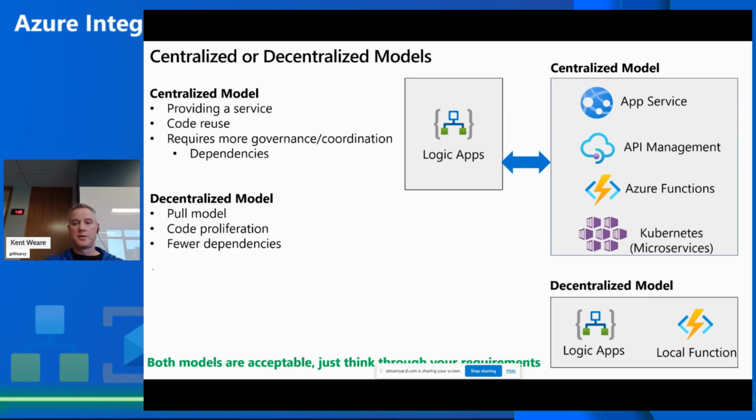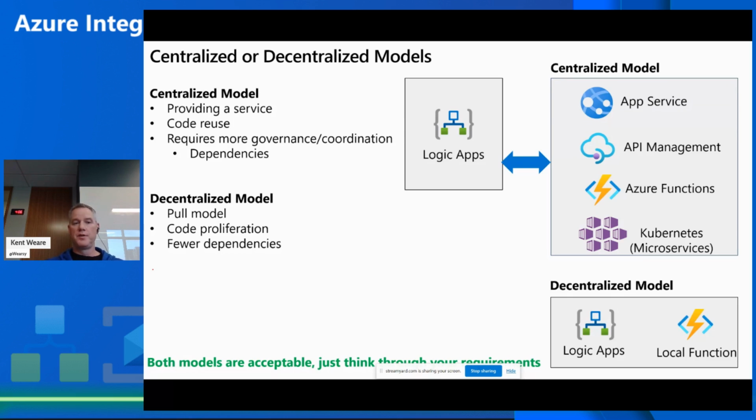Then there's the decentralized model, where you would have your local function as part of your Logic App, basically what I just showed. You can set this up in a pull model where you can still share that functionality, and perhaps you're using something like NuGet to pull those common assemblies or libraries into your project.